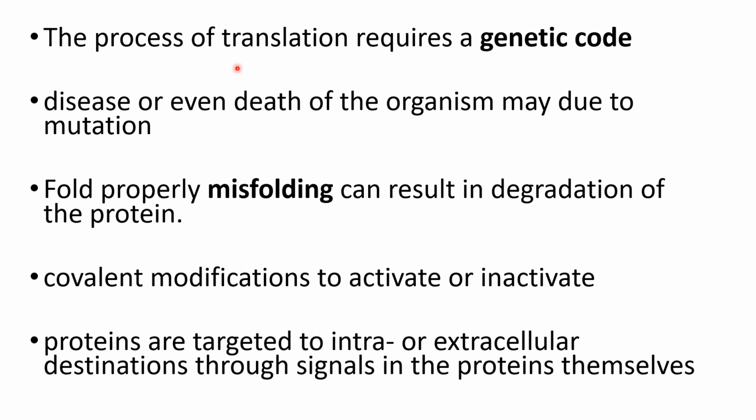This process of protein synthesis requires the genetic code. The genetic code is actually a dictionary or table which is required for the synthesis of a polypeptide chain. Post-translational modification may occur, or mostly occurs, in most proteins so that the protein folds properly, and there may be covalent modifications to activate or inactivate the protein.